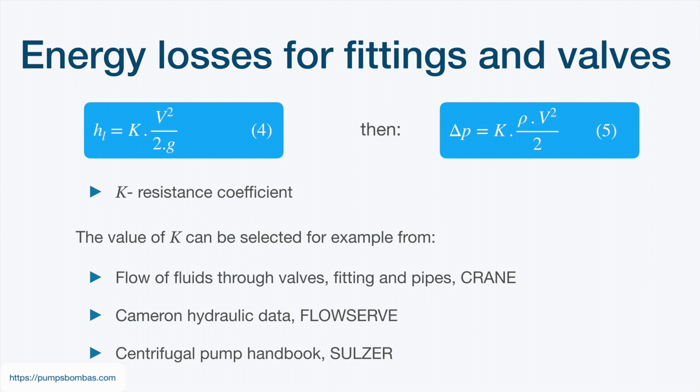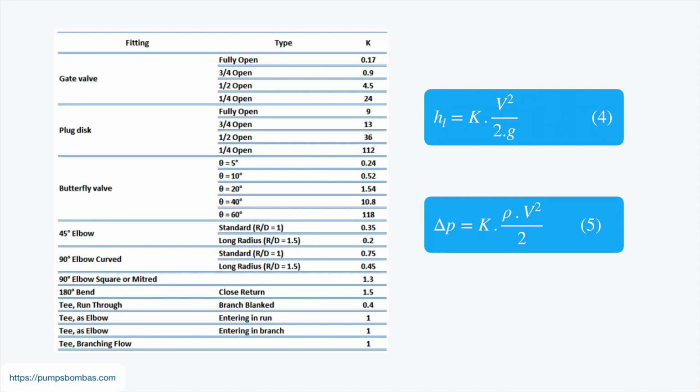The value of this resistance coefficient K will be different between manufacturers. So it is important to understand, as I mentioned before, that we are in reality estimating the loss. We are not calculating the losses. For example, we have here in this table different values of K, the resistance coefficient, for gate valve.